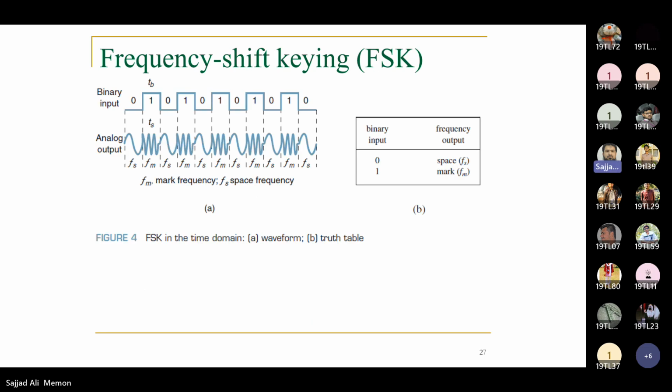So this is how it looks. The binary input consists of 0s and 1s. The analog output, that is the modulated output, will be such that 0 is transmitted on one frequency, that is low frequency, and 1 is transmitted on high frequency. So low, high, and that goes on until the data is being transmitted.